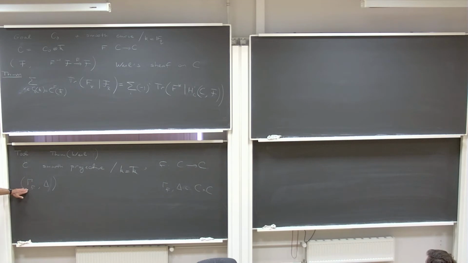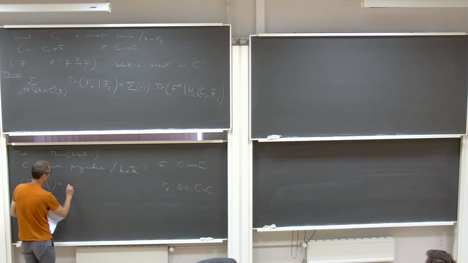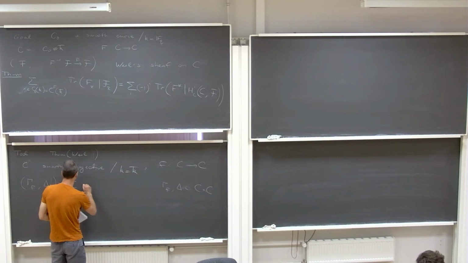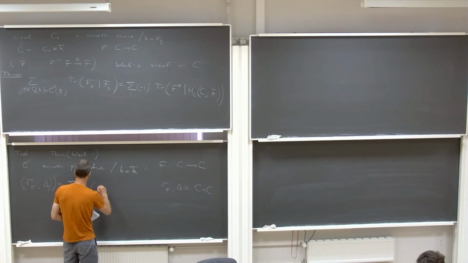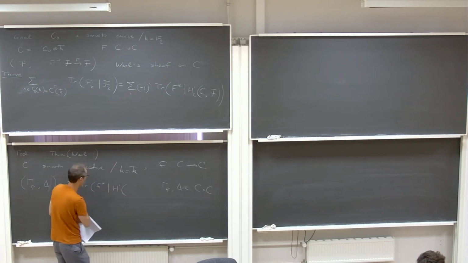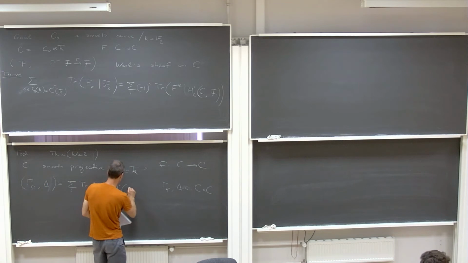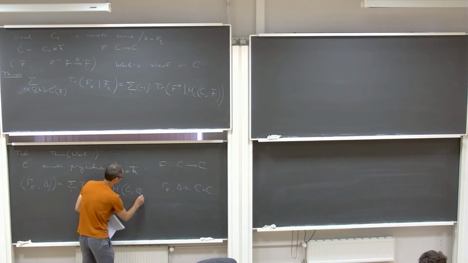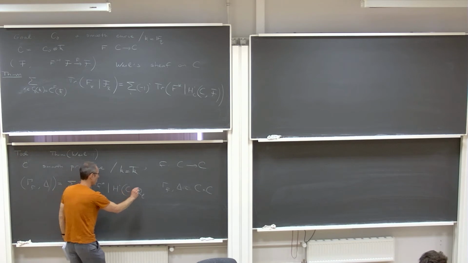So that's a well-defined integer, and the claim is that this is the sum over i of traces of F upper star on cohomology. I don't need compact support here because C is compact, C with constant coefficients QL. Okay?